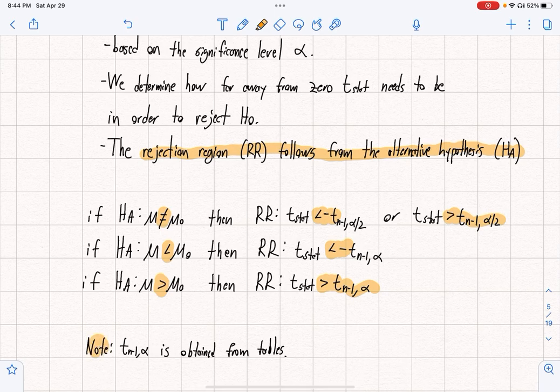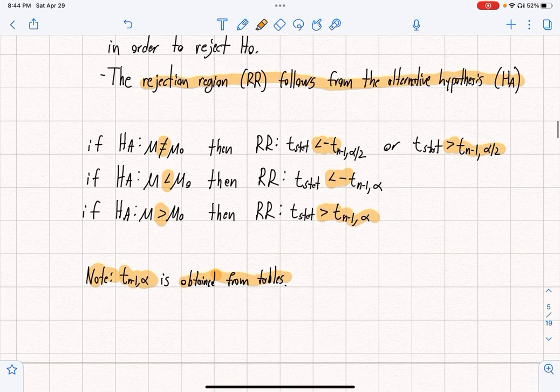Just note that this value t_{n-1, alpha} is obtained from our t-tables, which is what we were working with in the last chapter when we were looking up t-values. I'll also note: divide alpha by 2 for two-sided tests.